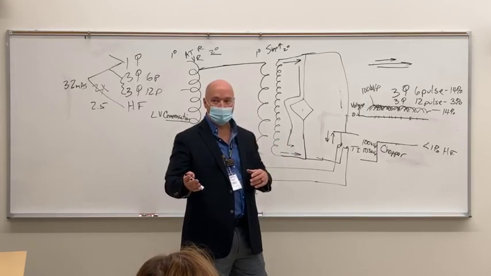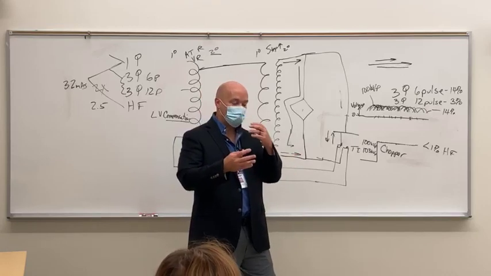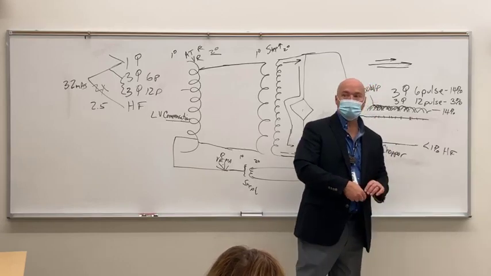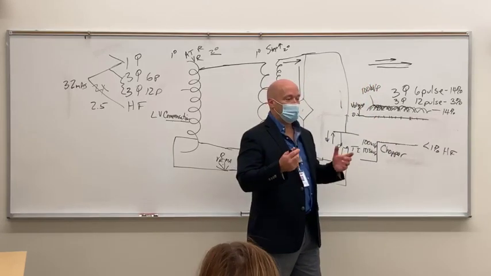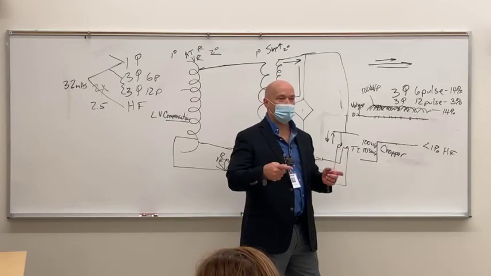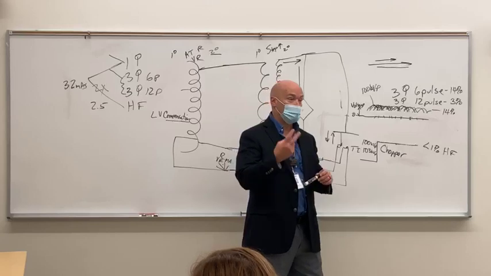But the rule of thumb for technique adjustment, if your KVP is right and you just need to affect a change in exposure, then you adjust your mass. And generally, if your mass is worth adjusting and it's worth retaking an x-ray on a patient, then your mass adjustment needs to be a factor of 2.